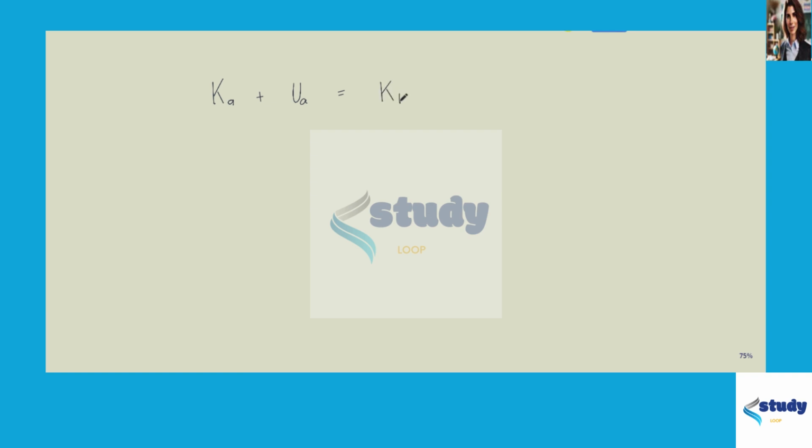So Ka plus Ua must equal Kb plus Ub. Now Ka is equal to 0 and Ub is equal to 0. When they are far apart, there's no potential energy between them, and initially there's no kinetic energy since they are both at rest. So we get that the final kinetic energy Kb is equal to their initial potential energy Ua.